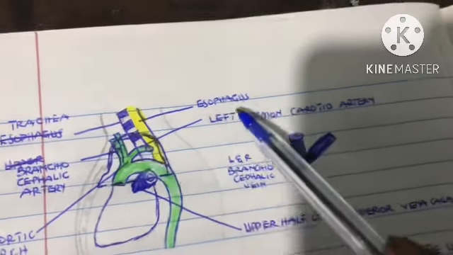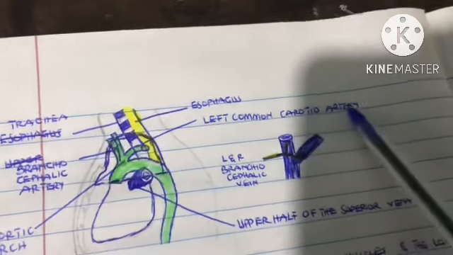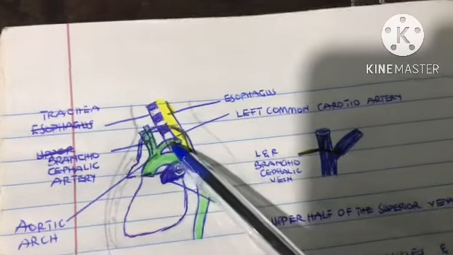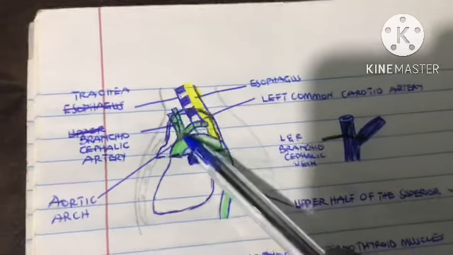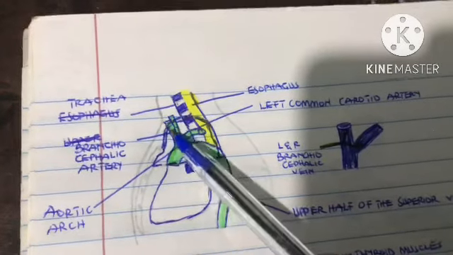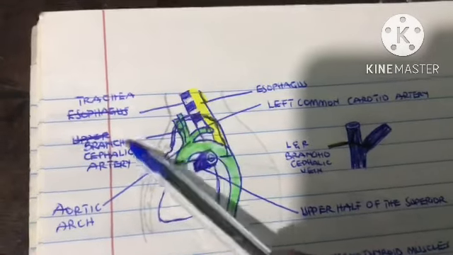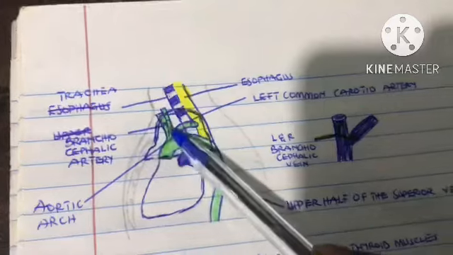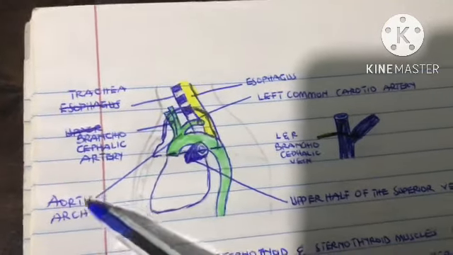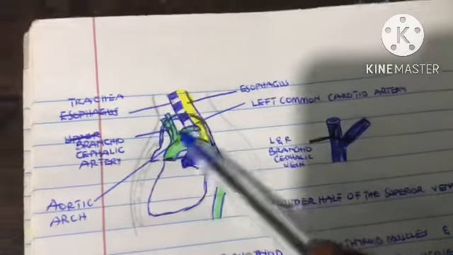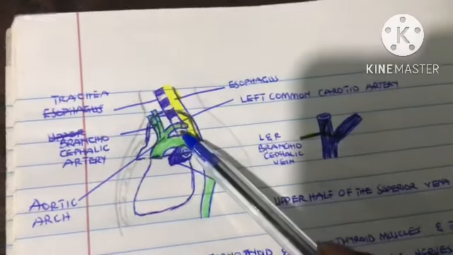This branch is called the left common carotid artery, so the left carotid artery is also found in the superior mediastinum. We have these branches here, and we call them the brachiocephalic artery. We also have the aortic arch in the superior mediastinum.